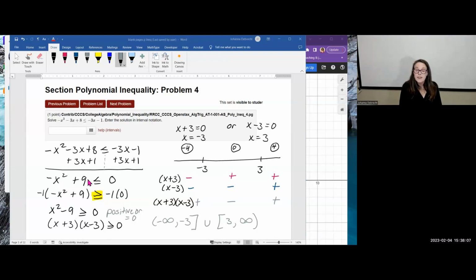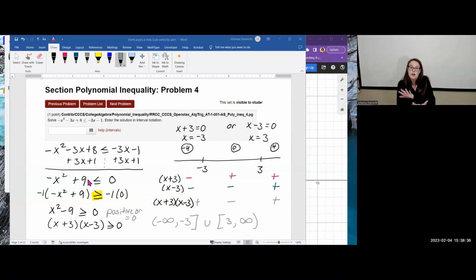Now, I don't like to factor with a negative on the x squared. So to fix that, I multiplied by -1 on both sides. But when I multiply by -1, I have to remember that tricky rule where I reverse the symbols. So I highlighted here that it was less than or equal to, now it's greater than or equal to. Your other option from this step is to add x squared and subtract 9 from both sides.